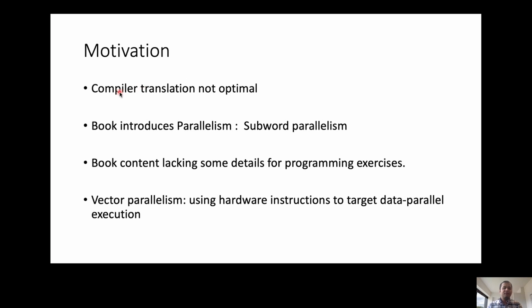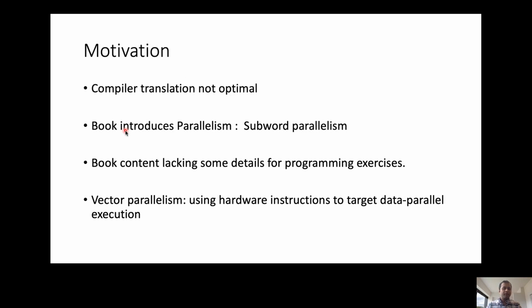Compilers help us translate high level code into assembly level code, and then further into machine level code, but the compiler translation is not optimal. So when we learn about intrinsic functions, we'll have more control on how to leverage this feature that is available in modern CPUs.